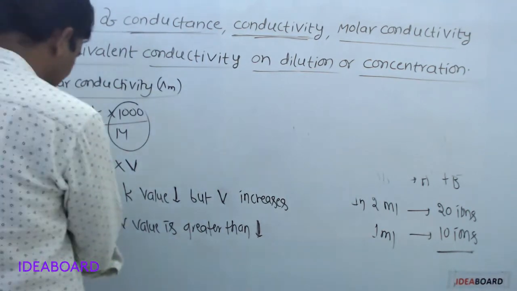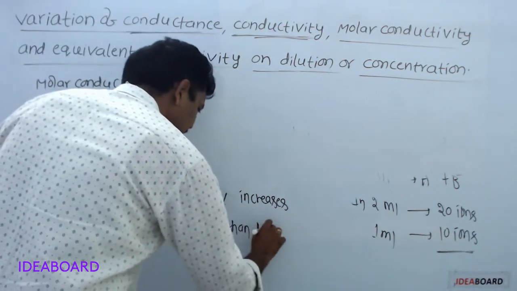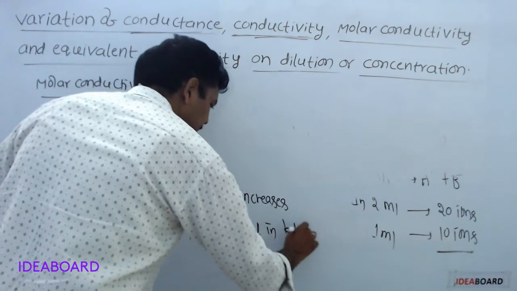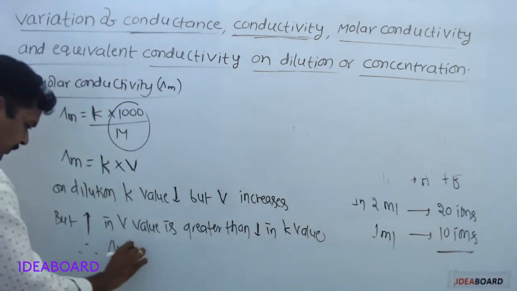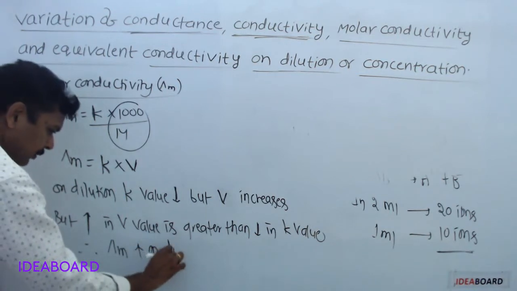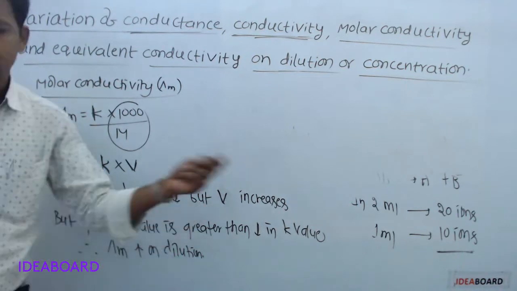Increase in V value is greater than decrease in kappa value. Therefore, molar conductivity increases on dilution.